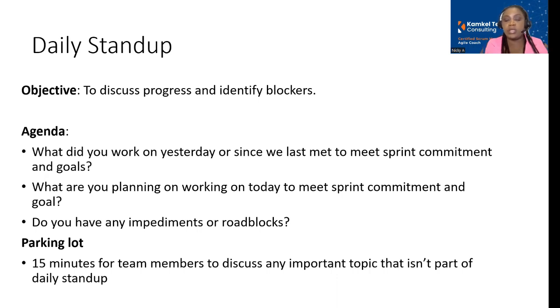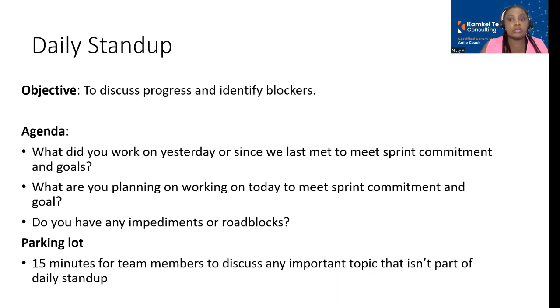The whole purpose is for us to know how things are moving with the team, in case someone needs some help, or in case you have to follow up and get them some support in making sure that their work gets delivered on time. That's the whole purpose of this meeting.